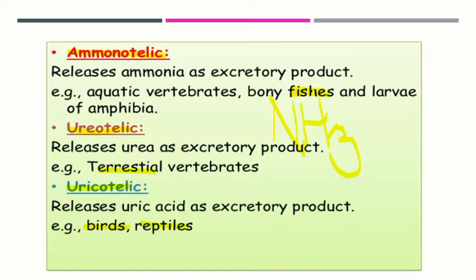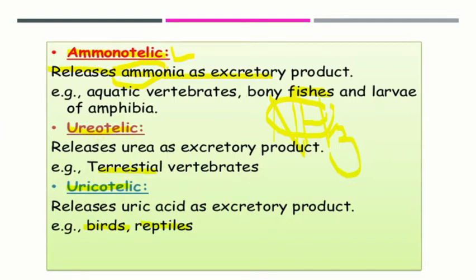So nature has provided the fish to live inside the water to remove the excess ammonia. Therefore, release of ammonia as an excretory product, and in the name of ammonia, the animals are named ammonotelic. Now come to the ureotelic.